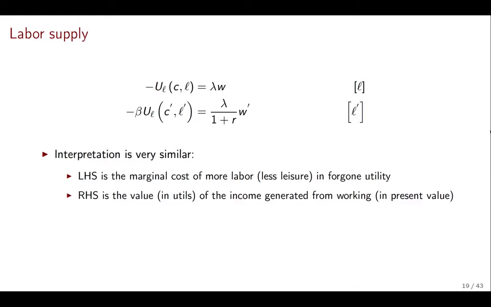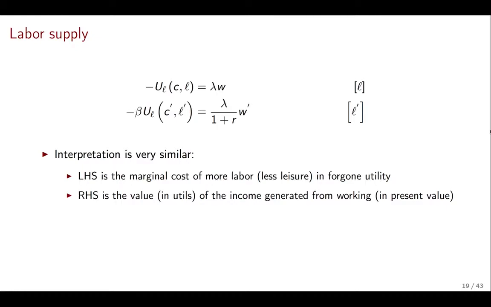The right-hand side is the value, of course in utils, of the income generated from working. Now, if you work today, you get W extra units of income. If you work tomorrow, you get W prime units of income in the future. Then you need to price that and value it in terms of present utility. Lambda is able to price present income in terms of utility. 1 over 1 plus R is going to value future income in terms of present income.